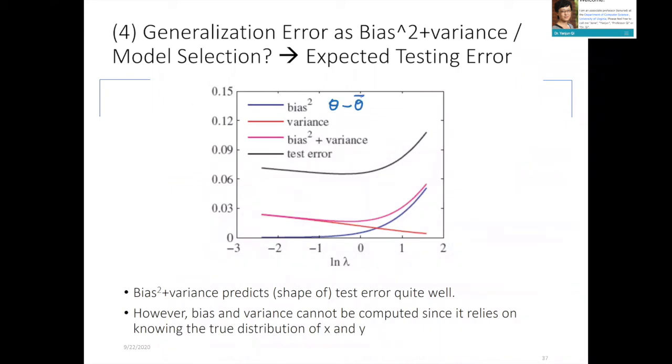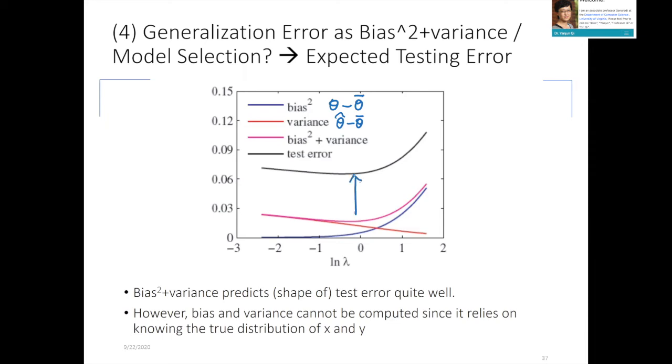We can randomly sample many training sets, and by that way we can also plot theta hat versus theta bar, and the variance, the expectation. Then you can plot this curve. So bias quadratic plus the variance is in fact this purple curve.